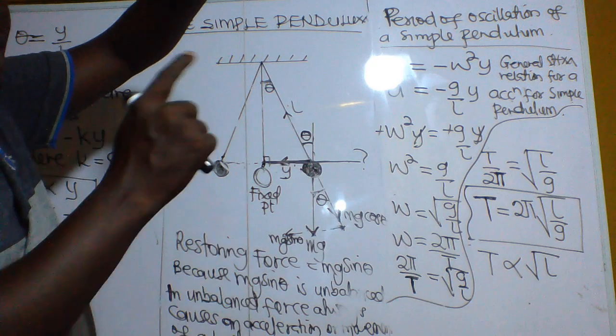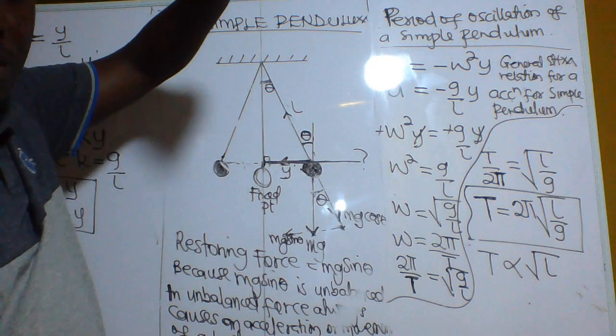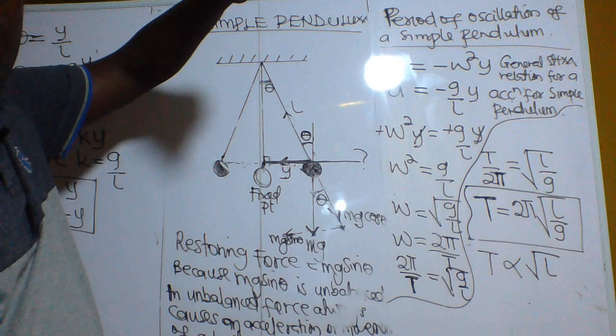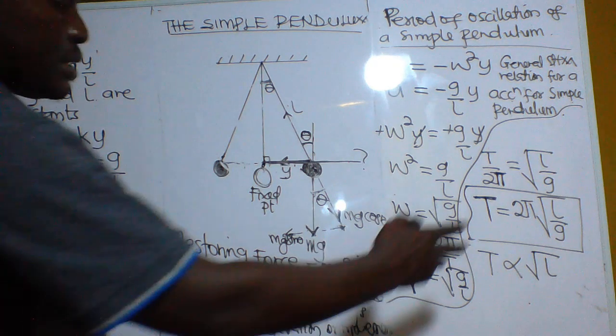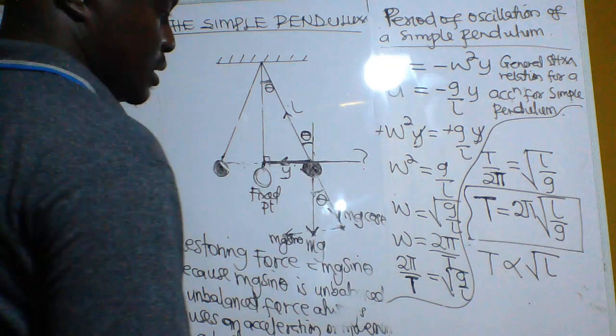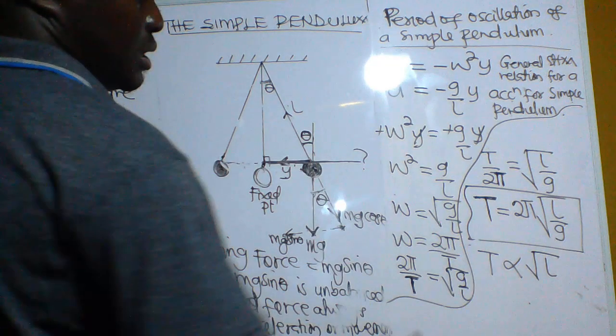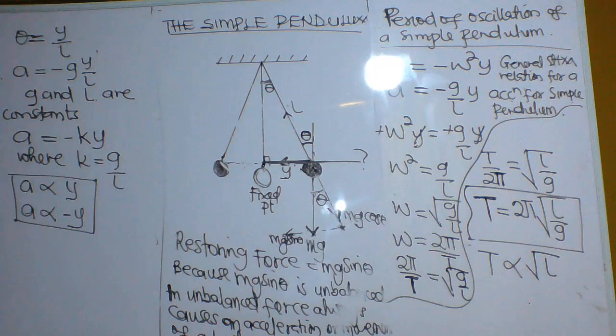If you vary the length, the period also varies. So the only variable here is the length. If you increase the length, the period will also increase. If you decrease the length, it will also decrease.